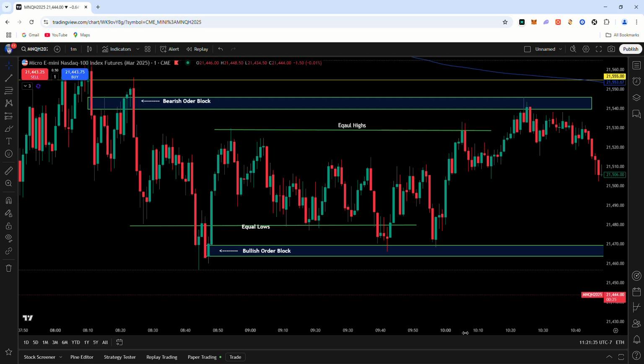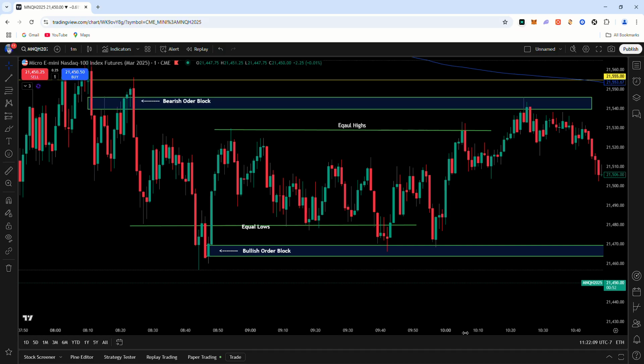So today what we're going to get into is the micro E-mini NASDAQ, and we're going to go over the bullish and bearish order block and how to use them in conjunction and confluence with the equal highs and equal lows. They're basically liquidity grabs, but using the bullish order block and the bearish order block, the ICT concepts, you'll actually see where to look for that reversal after we tap liquidity.